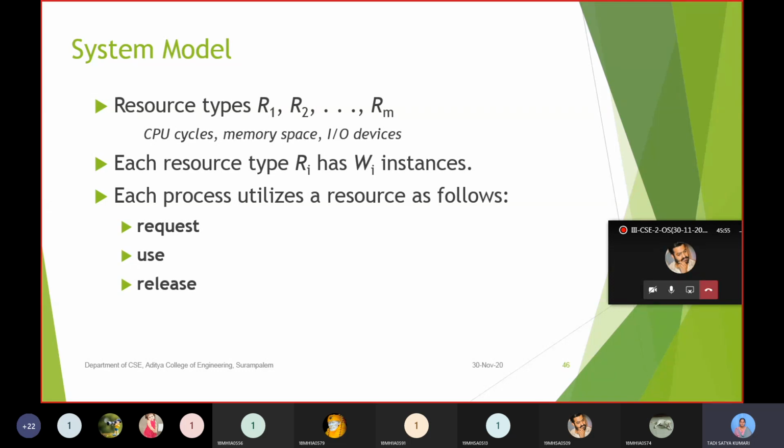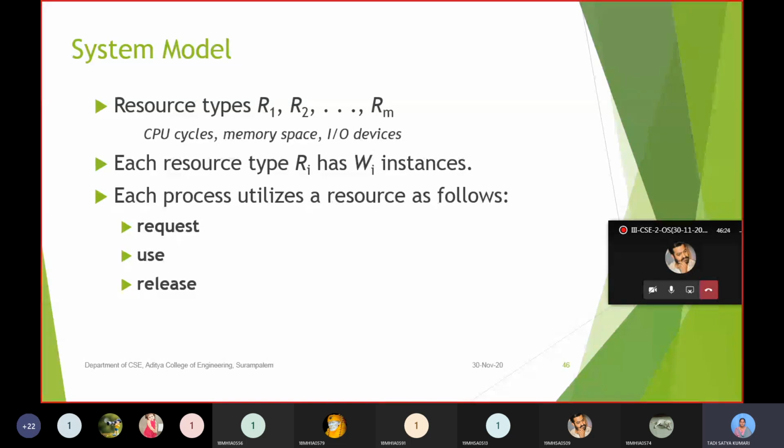There will be a procedure. First, the process has to request the resource. That means it should ask for the resource. For example, a process called P0 wants to use the CPU. First, it has to request the CPU. Then the resource requested by the process will be allocated to the process.